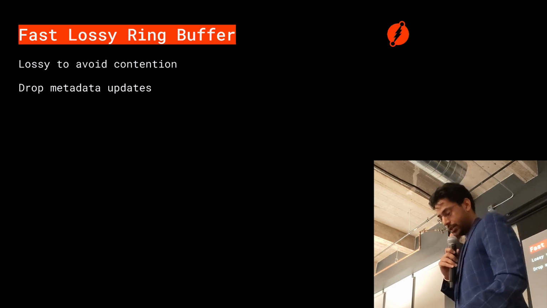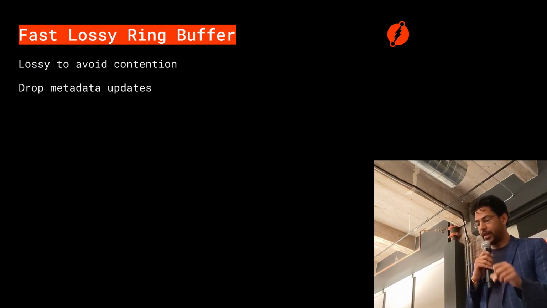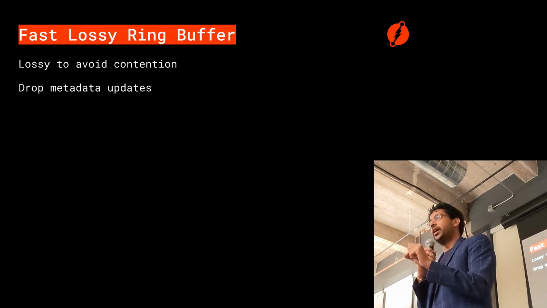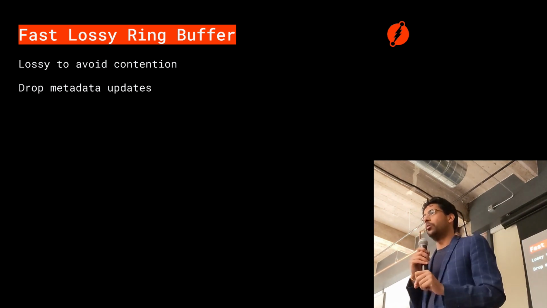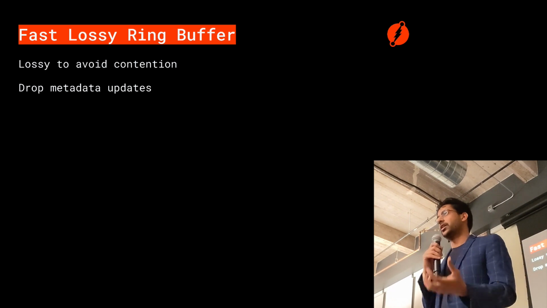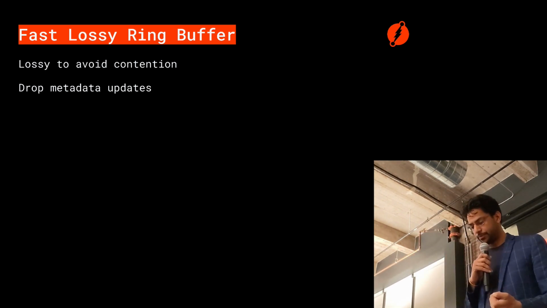On top of that, the other thing about the ring buffers is that they can be lossy, and that's important. Under heavy workload, the metadata updates for the getters and setters could be dropped to avoid contention. Again, this cache should never be the cause of contention, right? It should only make things faster, never slower.